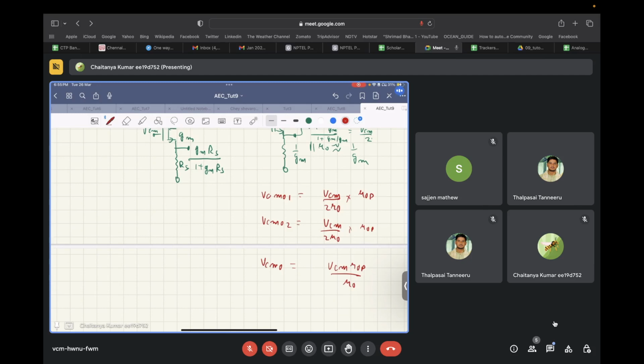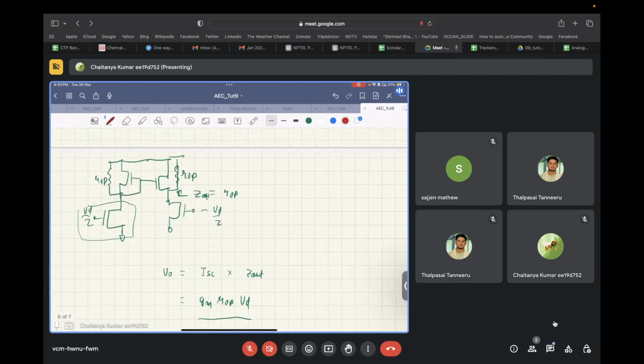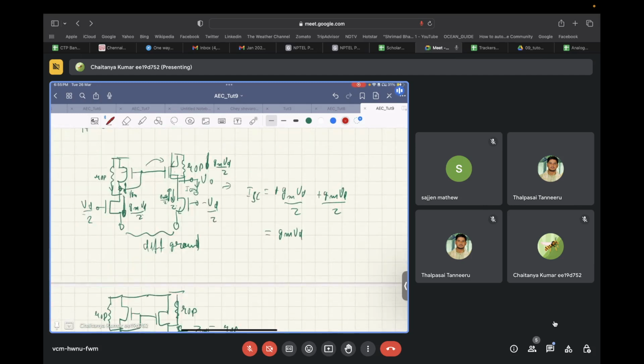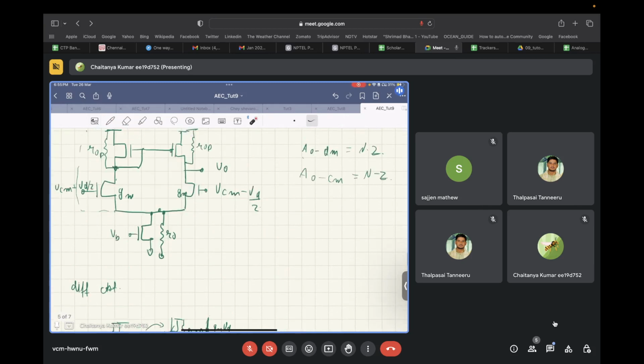In that case, you should keep in mind that wherever the circuit is symmetric and two opposite nodes are being joined to each other, you can ground it, for example this node over here, and then proceed accordingly. This is how you proceed for the differential part of the circuit.